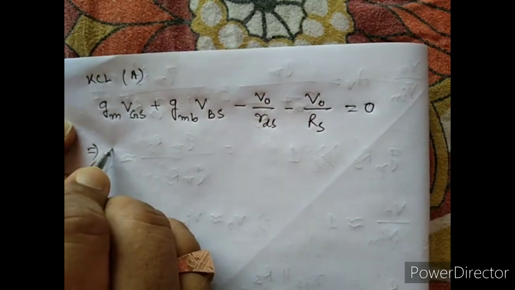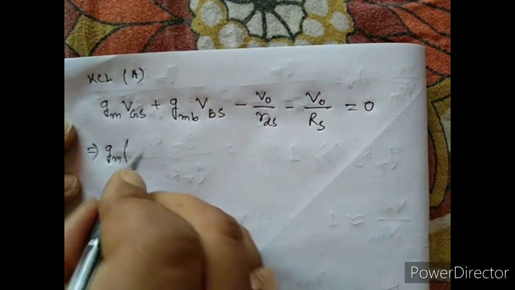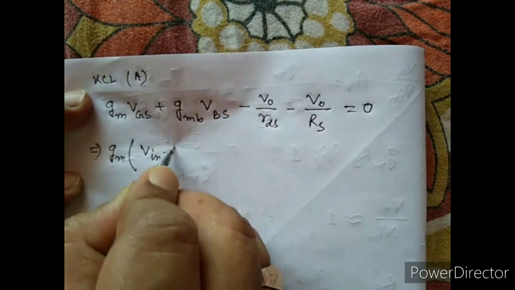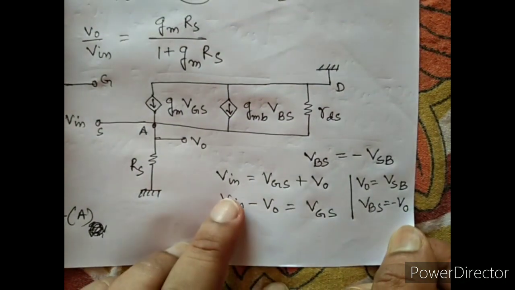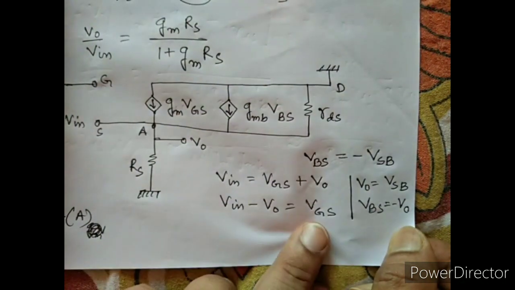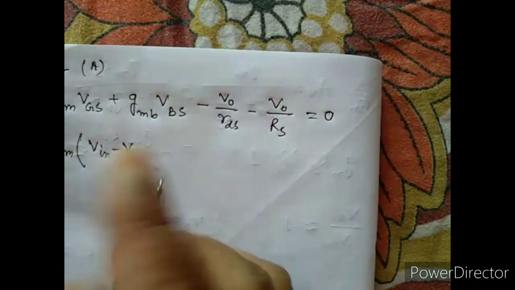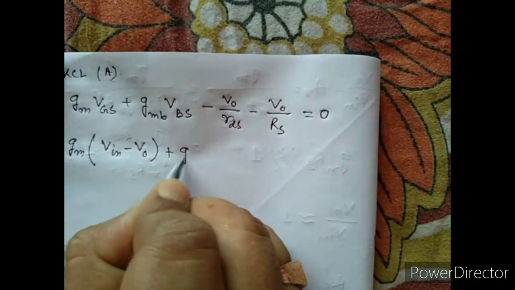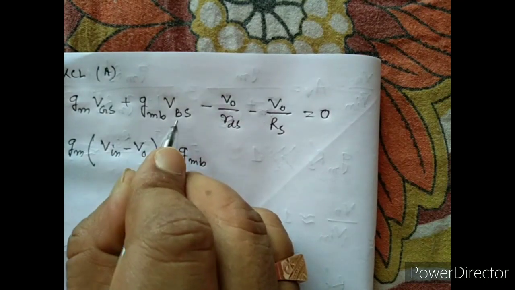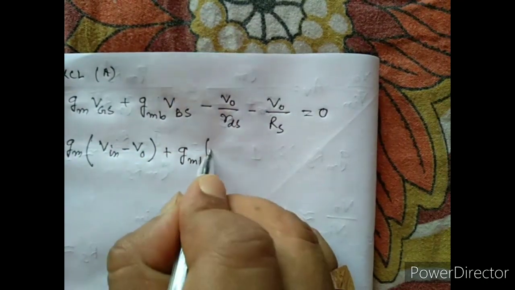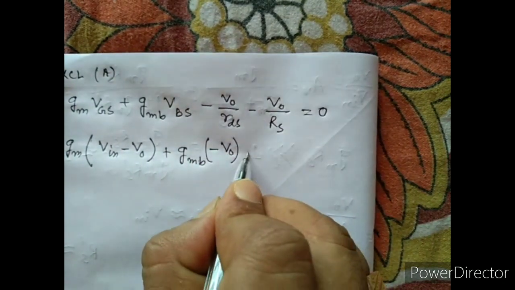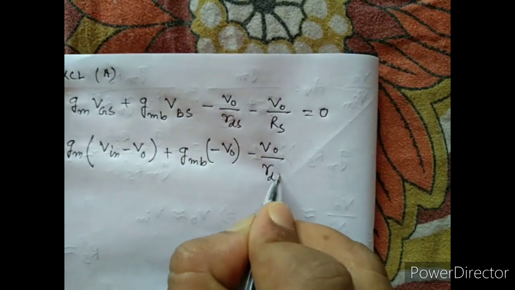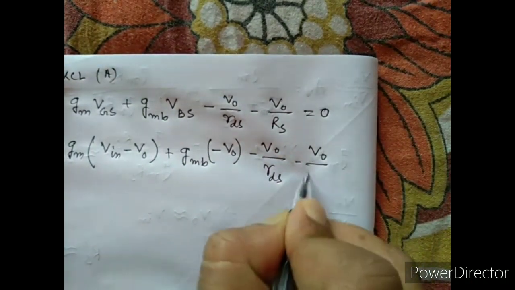So here we can write gm VGS equals, we know Vin minus Vout potential. Previously we have seen Vin minus Vout equals VGS. And gmb VBS is nothing but minus V0, minus V0 by rds minus V0 by RS equals 0.